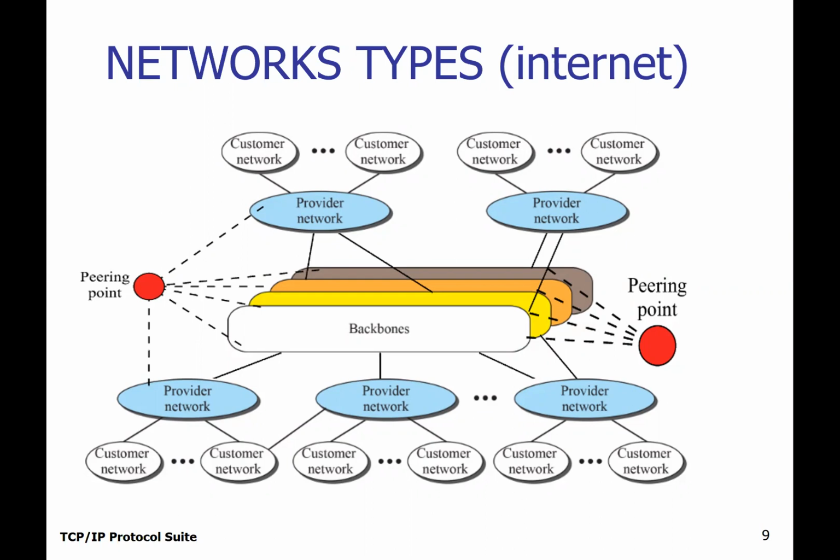And somebody in India connects to another internet company, another provider. Then those regional providers connect to, for example, a country provider. And this country connects to another country using another provider that connects more countries together. So that's the internet.